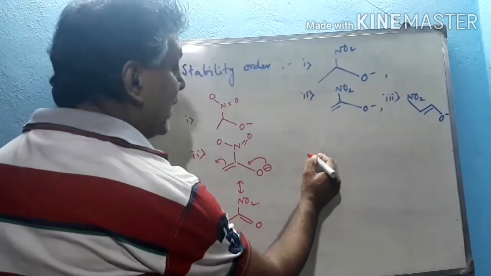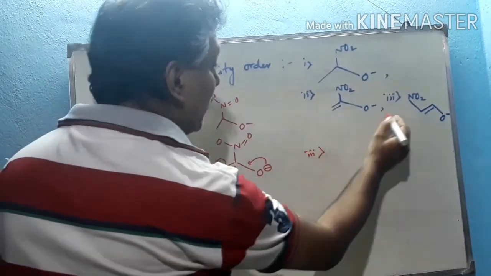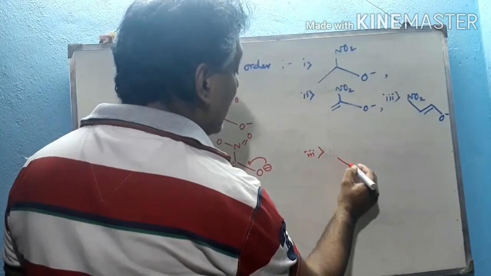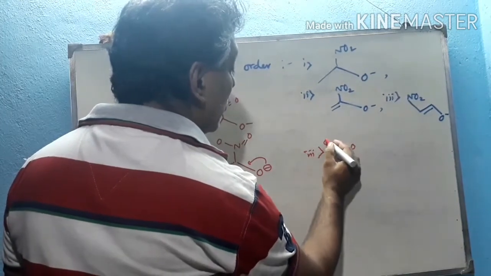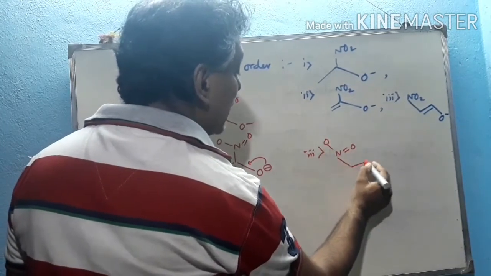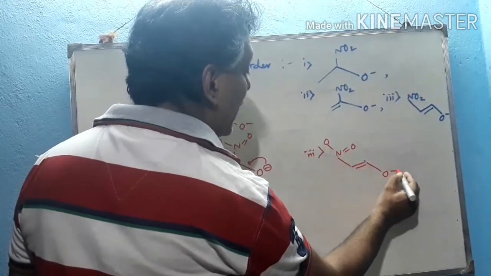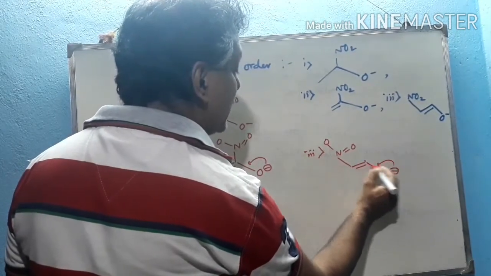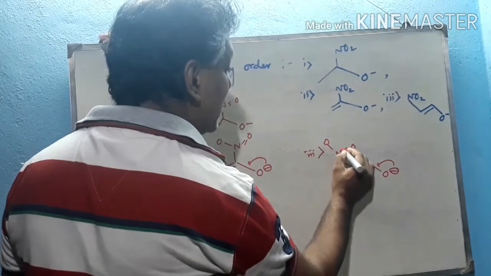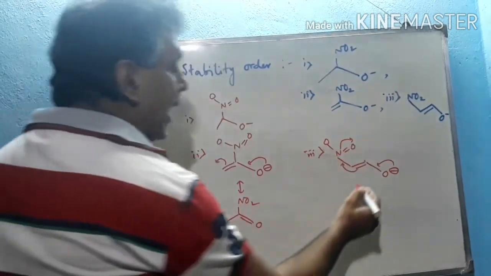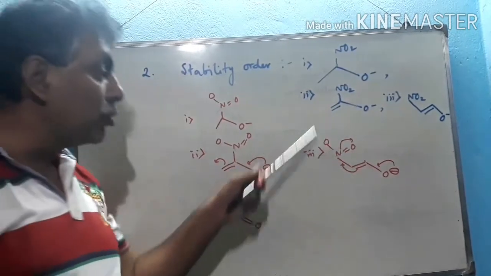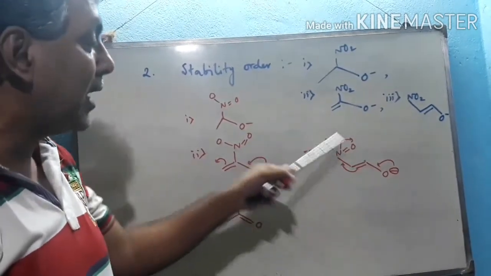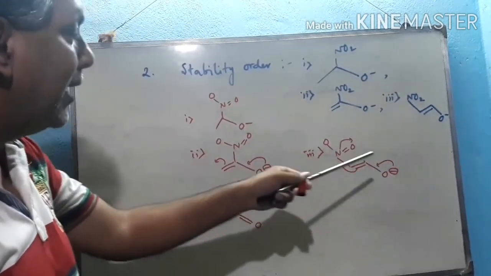But in case of 3, this is the structure, with double bond O, single bond, double bond, single bond O minus. So this negative charge enjoys resonance stability with the NO2 group also, and that's why it shows the maximum stability, because the NO2 group comes into resonance with the oxide anion.